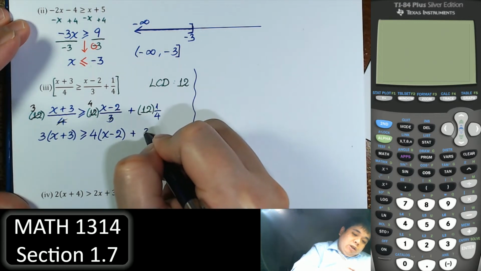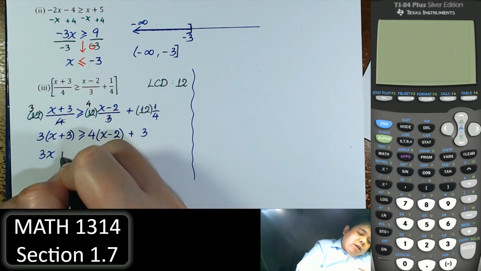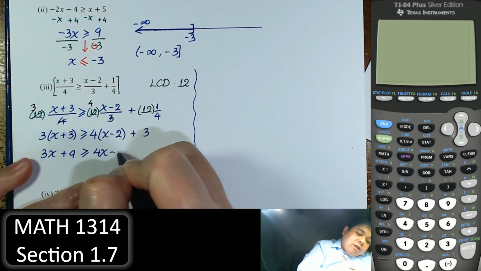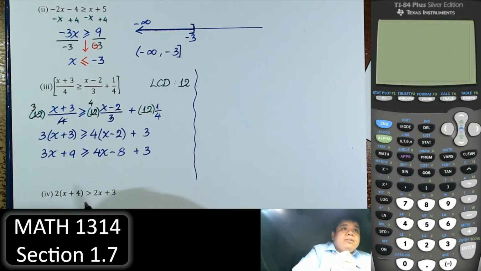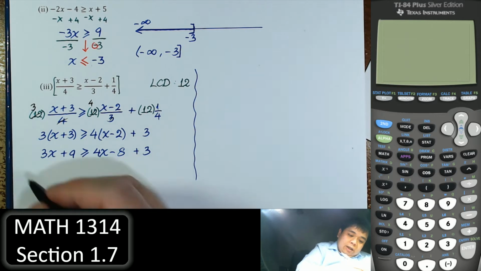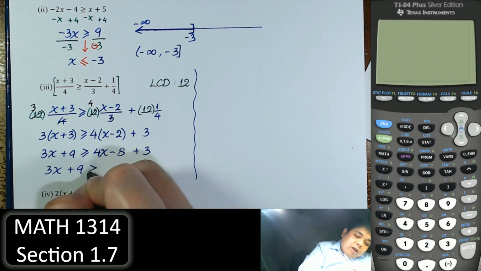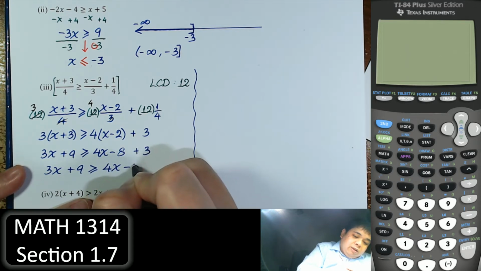So that's just 3. Right, now multiply it out. 2x plus 9 greater than or equal to 4x minus 8 plus 3. So that gives us 3x plus 9 greater than or equal to 4x minus 5.